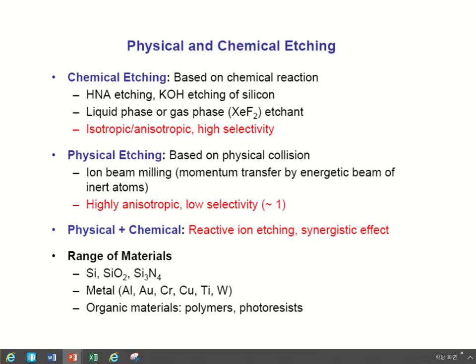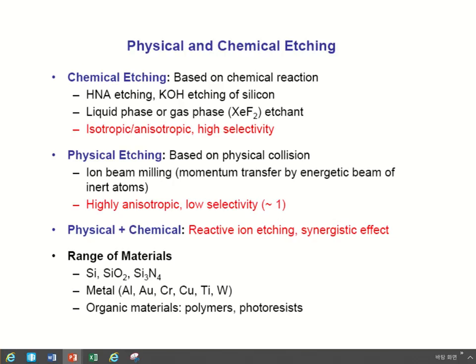Okay, physical and chemical etching. So physical etching, you need some physical way to etch the material. Chemical etching means you use some chemistry to etch. Okay, so chemical etching is based on chemical reaction like HNA etching and KOH etching on silicon.